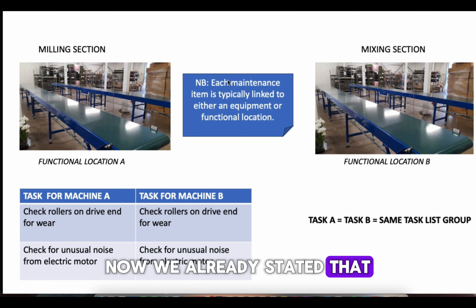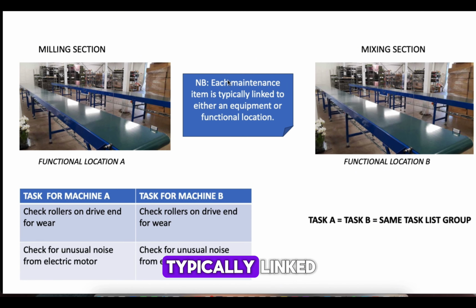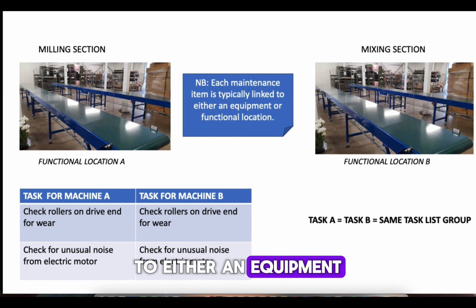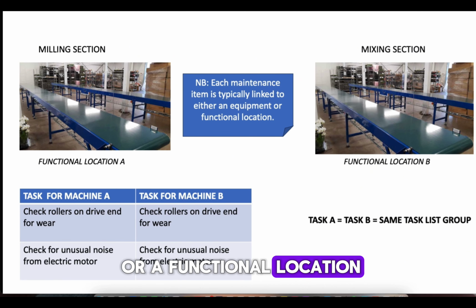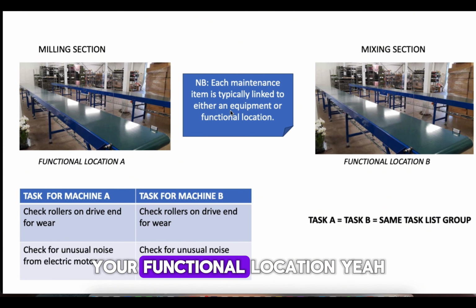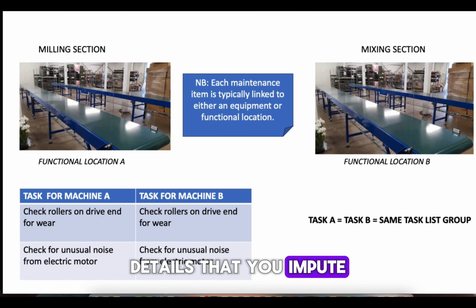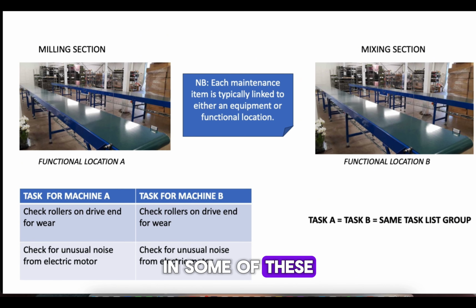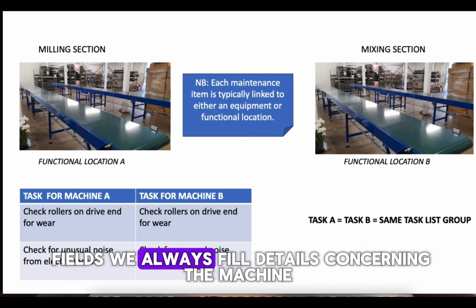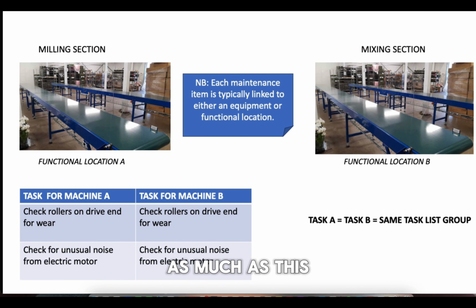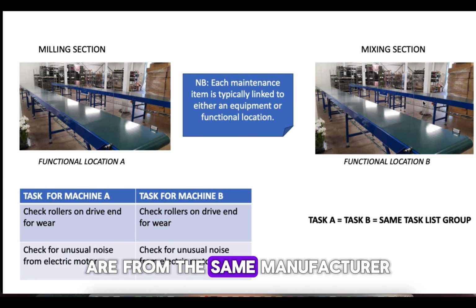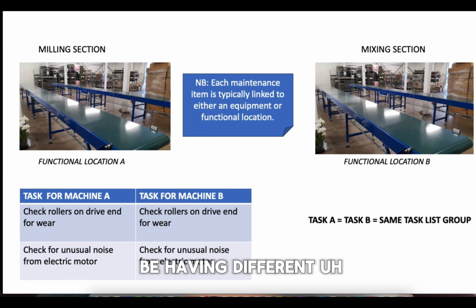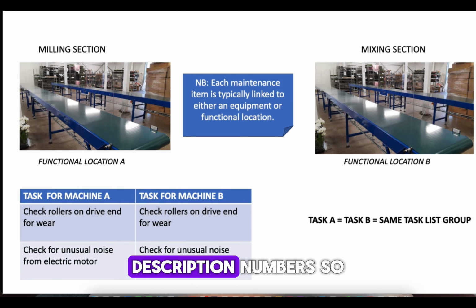Now, we already stated that the maintenance item is typically linked to either an equipment or a functional location. Remember that when you're creating your functional location, there is data that you input, like the organizational data and the general data, and in some of these fields, we always fill in details concerning the machine. As much as these two machines are from the same manufacturer, they are going to be having different identification numbers.